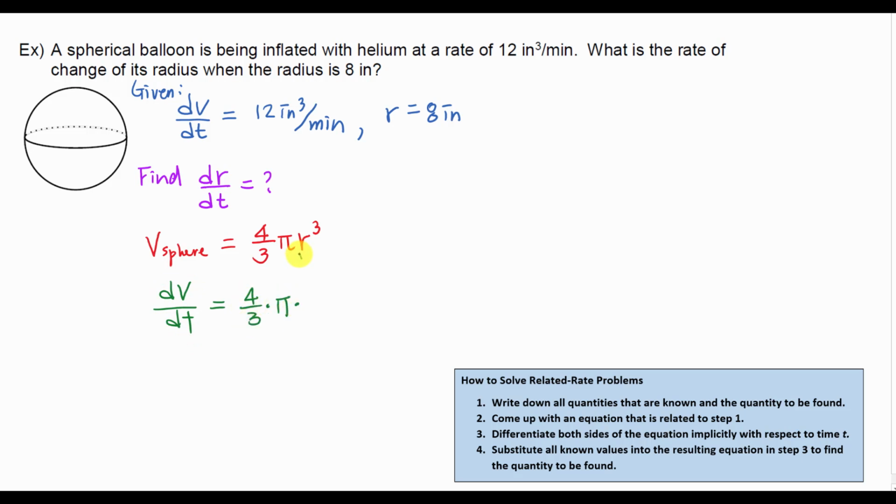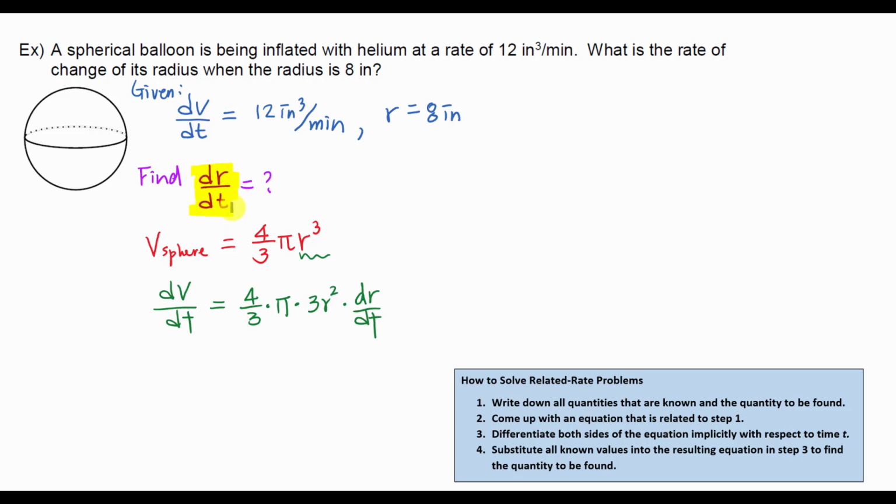Take the derivative of r cubed with respect to t. That will be 3r squared times chain rule dr/dt. All right, this time my dr/dt is on my right hand side, and that's what I need to find, right? dr/dt.